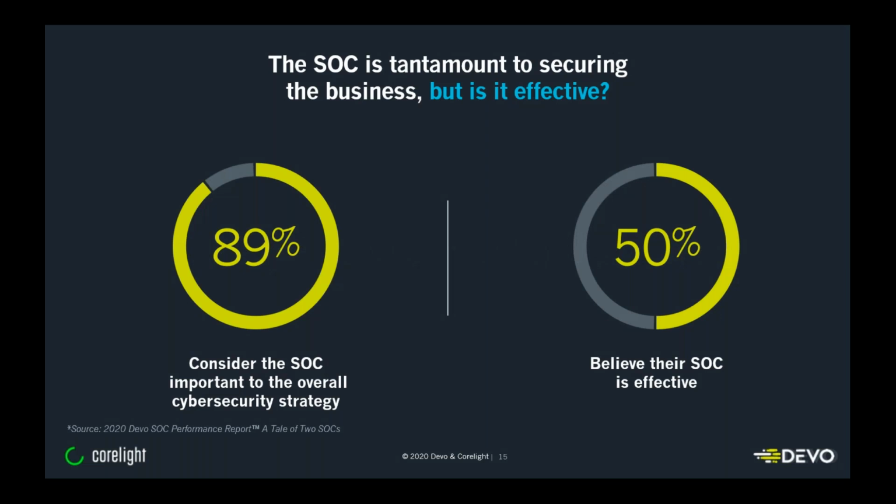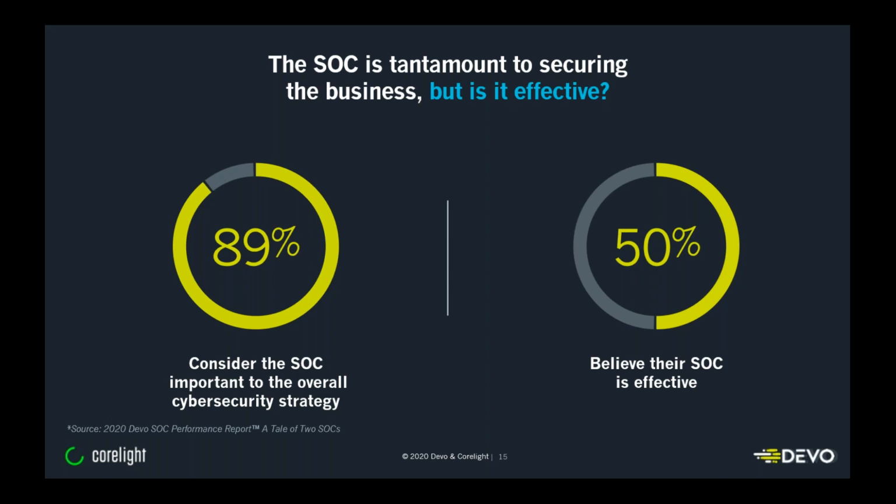So what we did with Devo, we partnered with Ponemon again for the second year in a row to do some performance reporting on the biggest challenges security operations centers are faced with today.